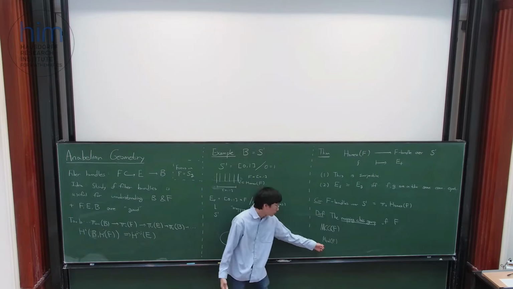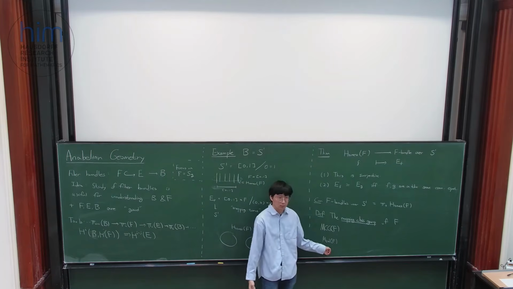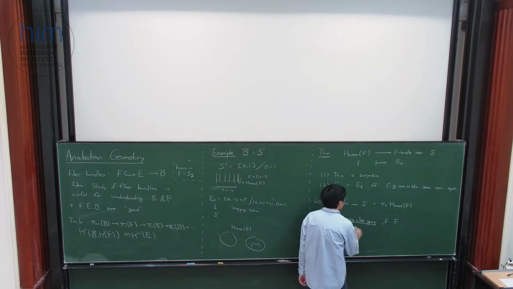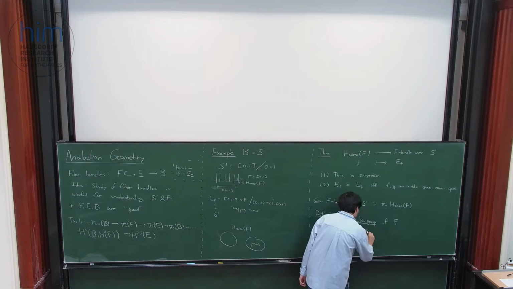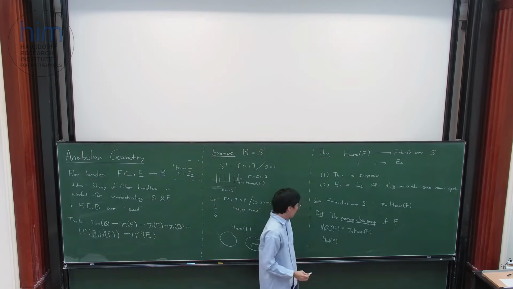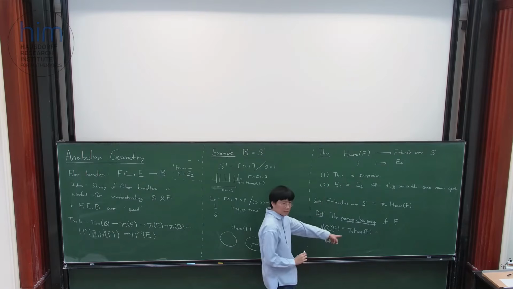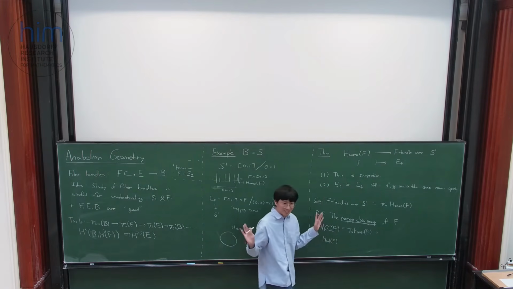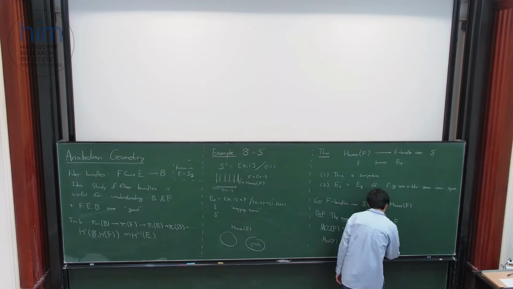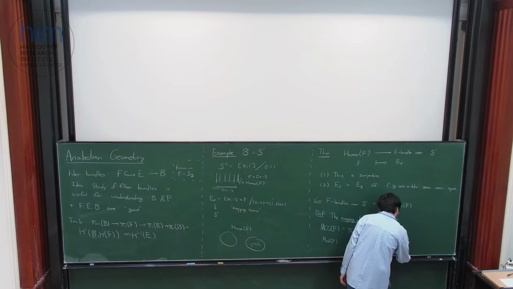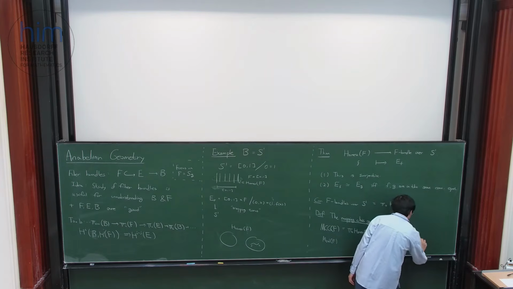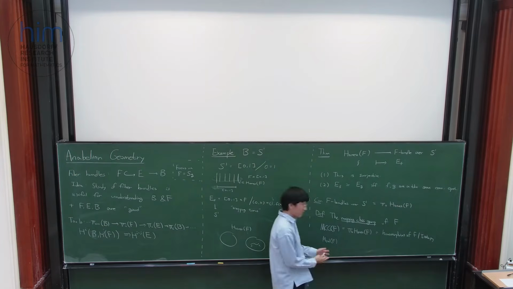This is some notation that topologists usually use. This is just pi 0 of the homomorphism group of F. And if F is sufficiently good, you can consider this as homomorphisms of F up to isotopy, if that means something for you.